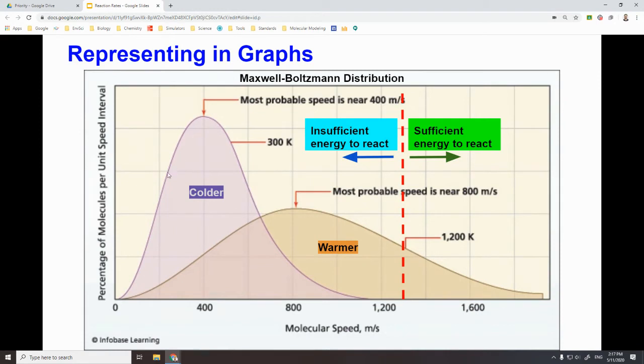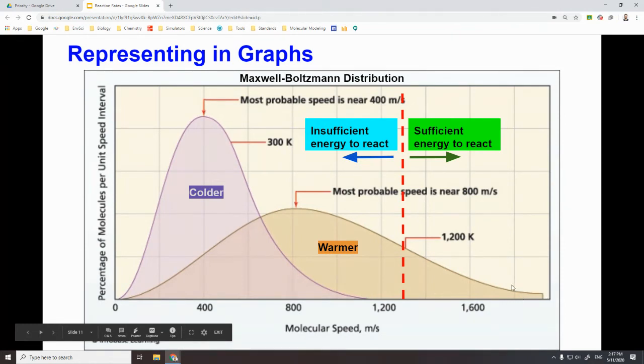And so we've got the same sample held at two different temperatures, a colder temperature and a warmer one. We see that there's a spread of temperatures. Here for the colder, it goes from almost 0 up to about 1,000. And for the warmer one, it goes from almost 0 up to, oh gosh, it looks like almost 2,000 here.